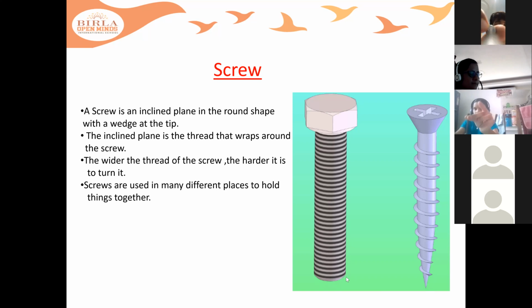Whereas here you can see this nail. It has a sharp tip in order to fix in a wall. Yes, Lasya is showing a nail. Yes, that's good, Lasya. Let me even show you a bolt and nut, how it works.